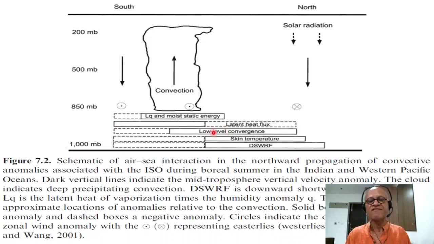There is low level convergence here and divergence behind it. Skin temperature is warmer here and colder over here, and this is the downward shortwave radiative flux, and LQ is the latent heat flux multiplied by specific humidity. So this is positive here and negative here.